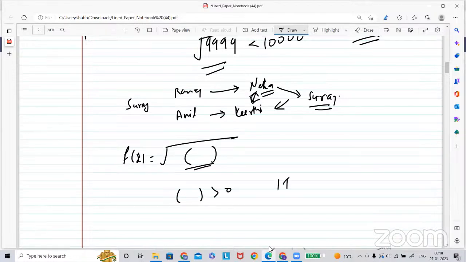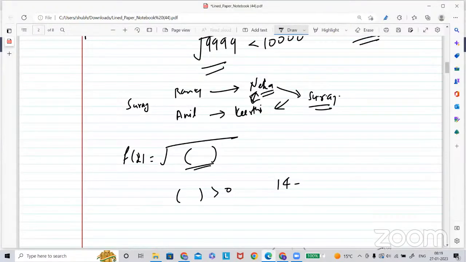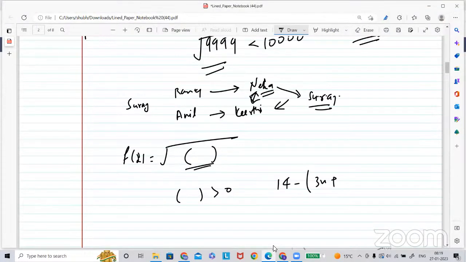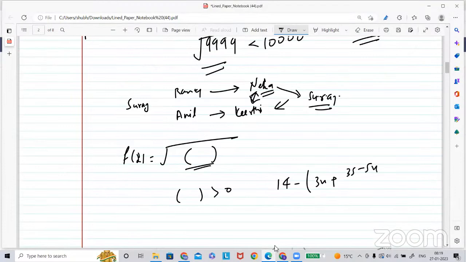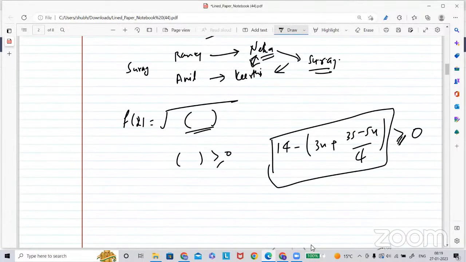So we have 14 minus 3 plus 35 minus 5x by 4. We need this expression to be greater than or equal to 0. Greater or equal, 7x minus 21. Now you need to solve when this expression is going to be positive. That means you have to solve this expression.